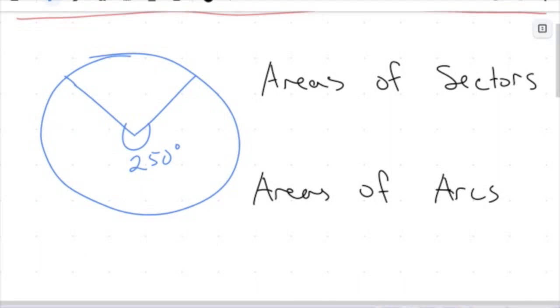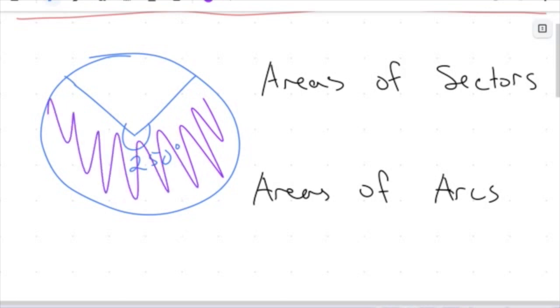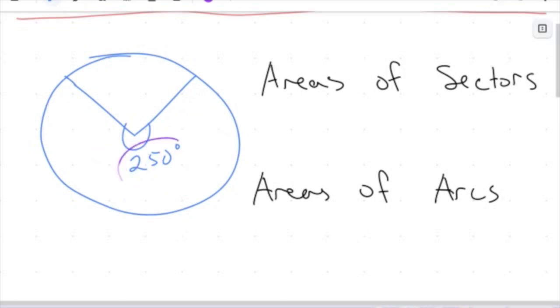What I've done here is I've cut out a sector out of this big circle, whose angle is 250 degrees out of the entire whole circle. So if we were to find the area of this sector, typically we'd take the fraction of the whole circle, what this angle is, as a fraction of the whole angle that makes up a circle, which is 360 degrees. And what we'd do there is we'd multiply that by the area of the circle.